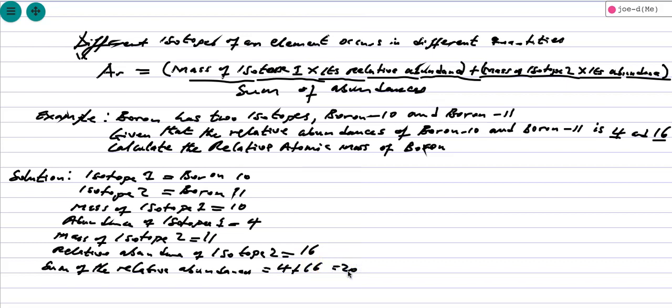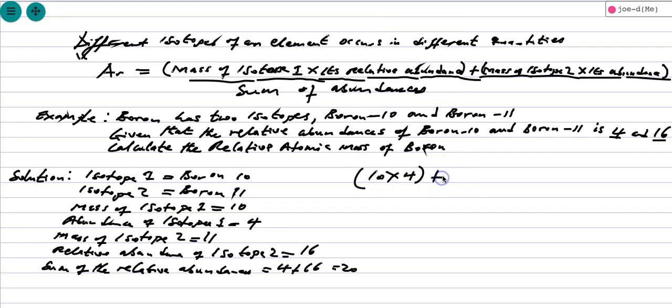Okay, so let's go ahead and plug this into our equation. Our equation is mass of isotope 1 times its relative abundance. We said the mass of isotope 1 is 10, so we have 10 times its relative abundance, which is 4.